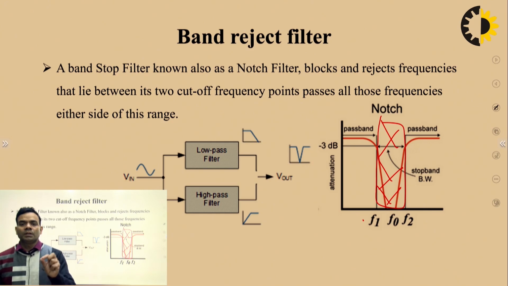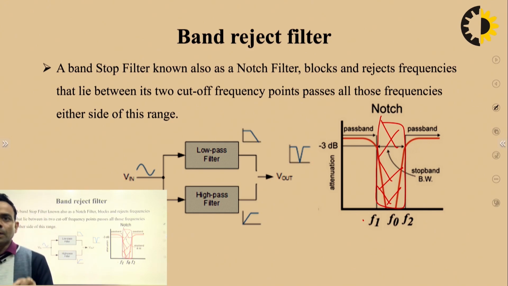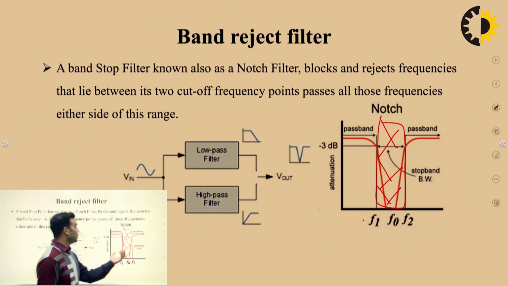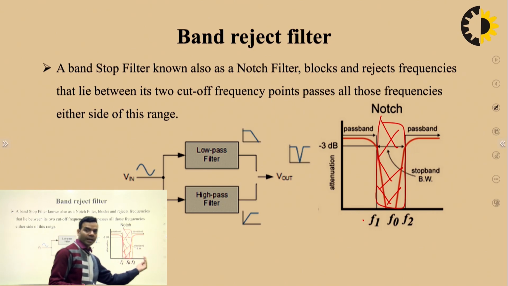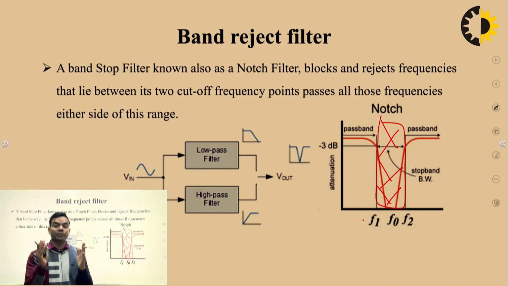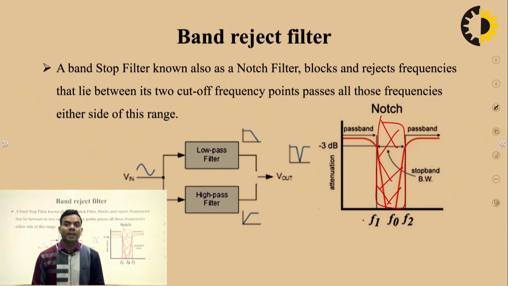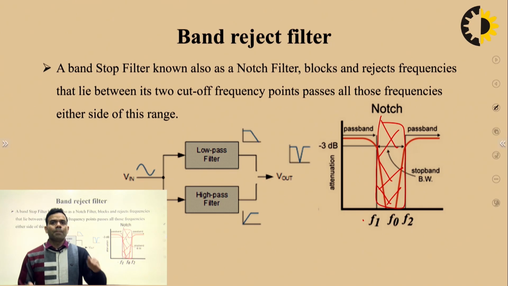So this filter has the name band reject filter because it is going to reject the frequencies between this band. It will pass before F1, it will pass after F2, but it will stop between F1 and F2. So it is just the opposite of a band pass filter. Band pass filter passes a band of frequencies. Band reject or band stop filter rejects a band of frequencies.